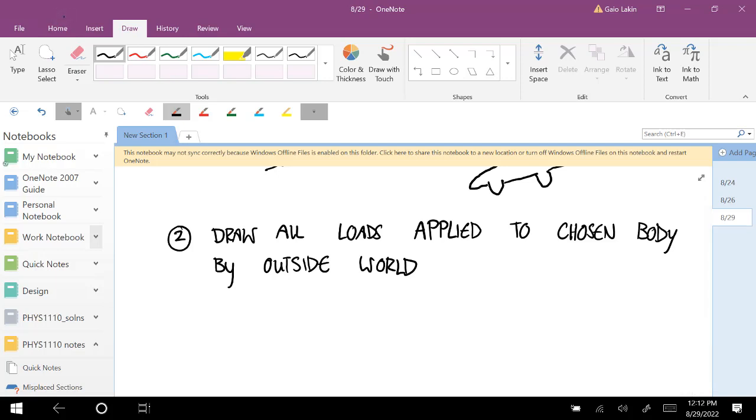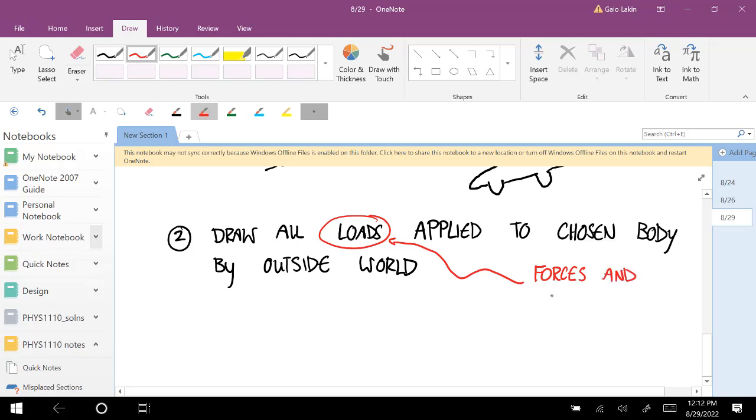These loads, let me just write this as an aside. Loads are forces, and later it's going to include couples.